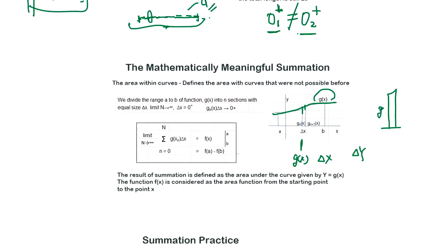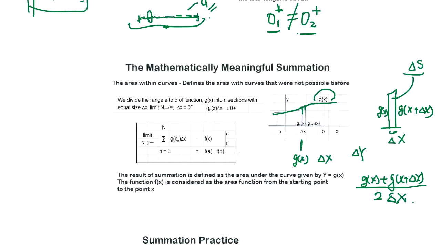This is g(x), and this is g(x plus delta x), and this is delta s. This width is delta x. Okay, you use the trapezoidal area definition, which is what? g(x) plus g(x plus delta x), times delta x, that's the delta s.